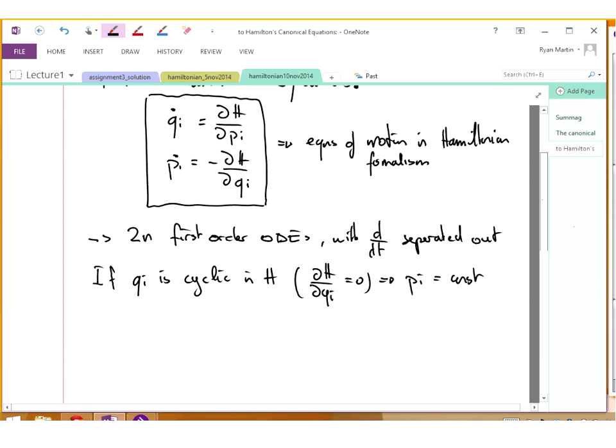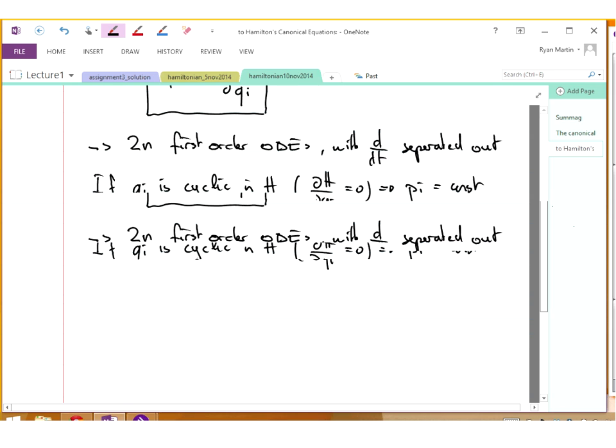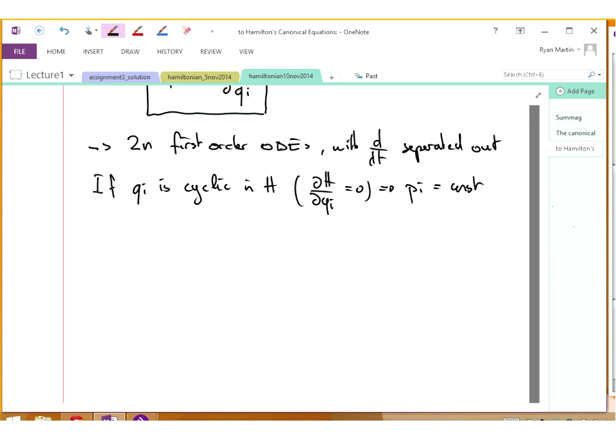So let's look a little bit more at this function H, this Hamiltonian. Consider the time derivative of H. So we want to calculate dH/dt.